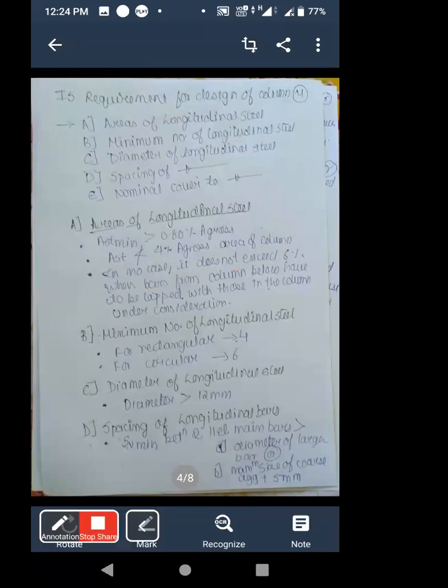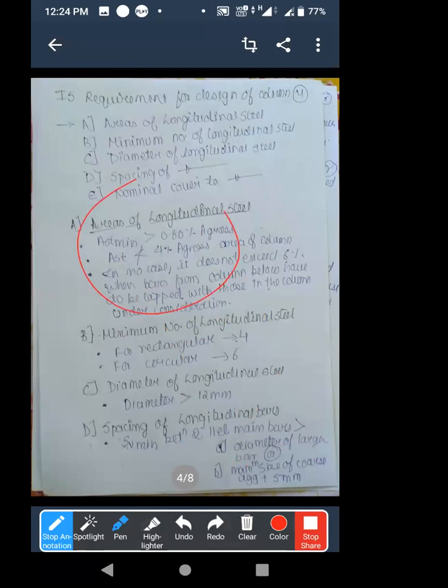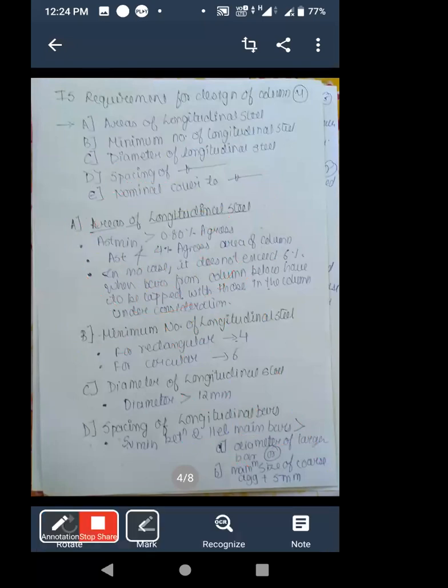For circular, it should be 6: 1, 2, 3, 4, 5, 6. Mostly this question is asked in exams: what is the minimum number of steel bars provided for the column? If it is rectangular, the minimum is 4, and if it is circular, the minimum is 6.